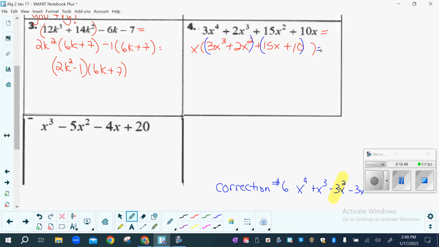So my greatest common factor here would be what in these two here? What's my greatest common factor in the 3x cubed plus 2x squared? Dexter, Weston, what's the greatest common factor? Yes, x squared. And then what's left inside the parentheses?